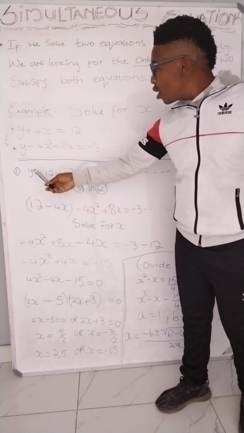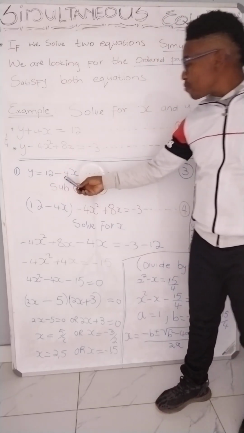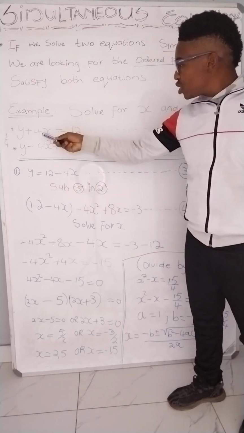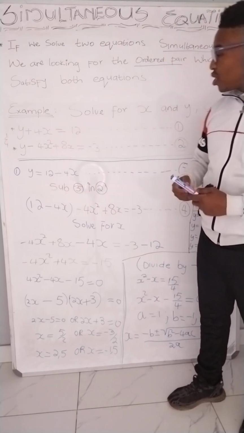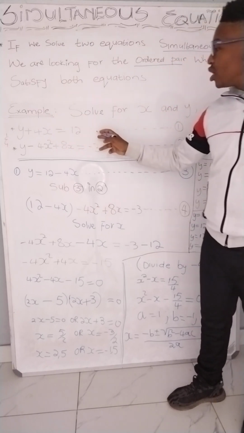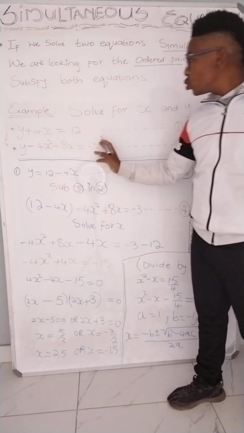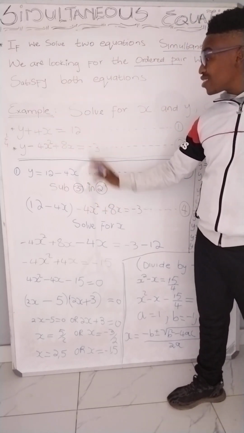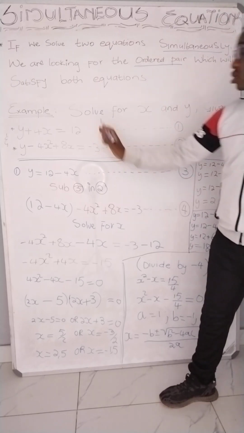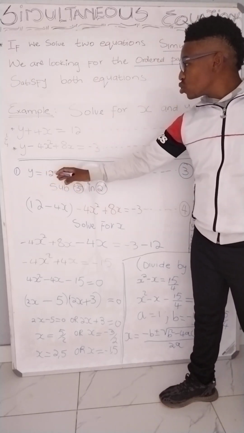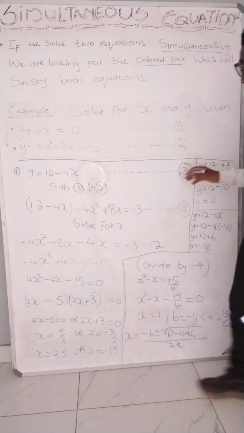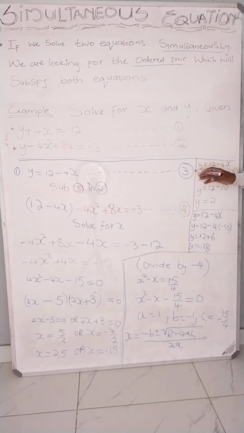As you can see, y is equal to 12 minus 4x. We've taken 4x to the other side of the equal sign and the sign changes to negative, and then you have y is equal to 12 minus 4x, and we say this is our equation 3.